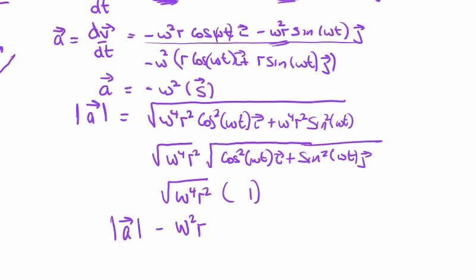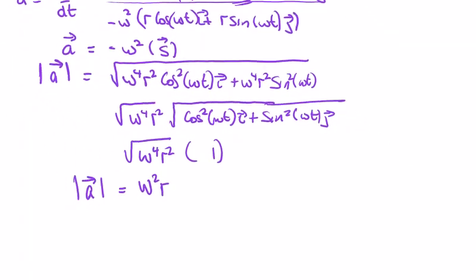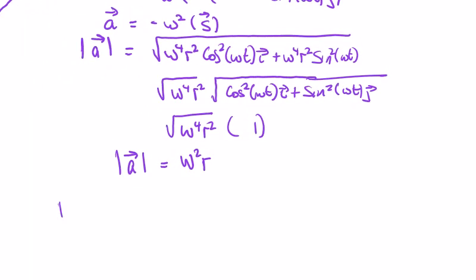Now, what were we asked to show? Going back to the start, we were asked to show a was equal to v squared over r. So we currently have w squared r, and from page 51 of the tables, we can use the information that's given. We know that the linear velocity is equal to the angular speed times the radius.